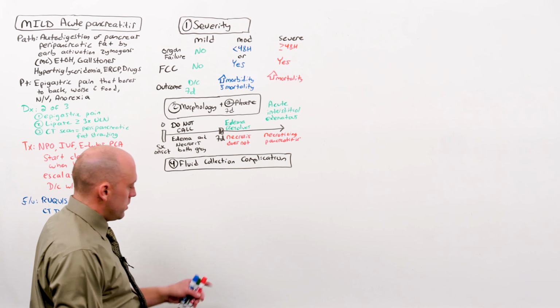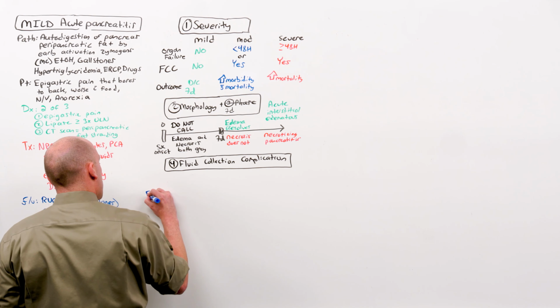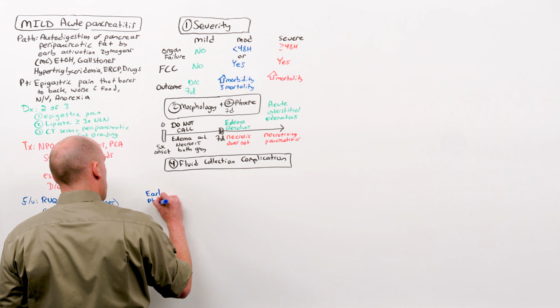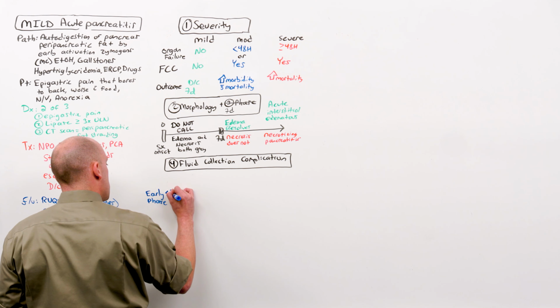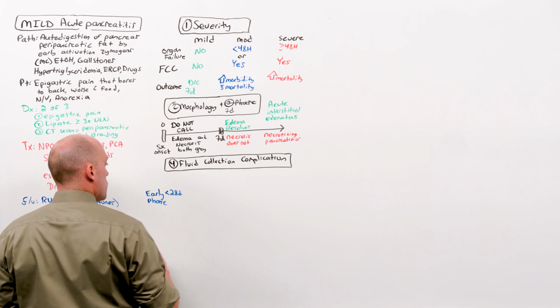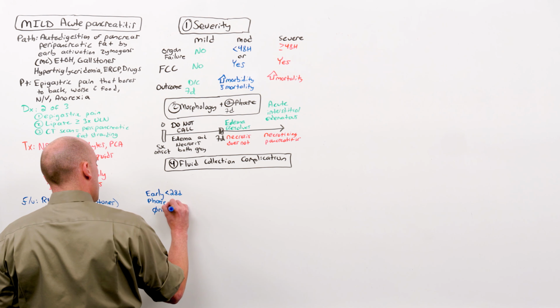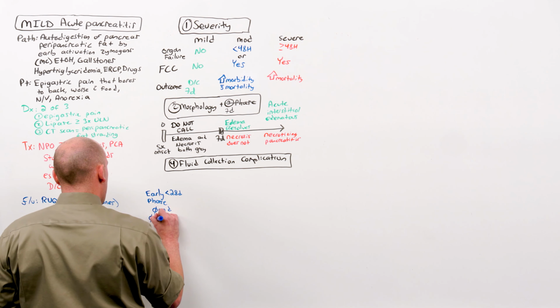On the y-axis, phase. The early phase of a fluid collection complication is if that fluid collection complication is less than 28 days old. In the early phase, there will be no inflammatory rind, and on imaging, therefore, no enhancing margin.